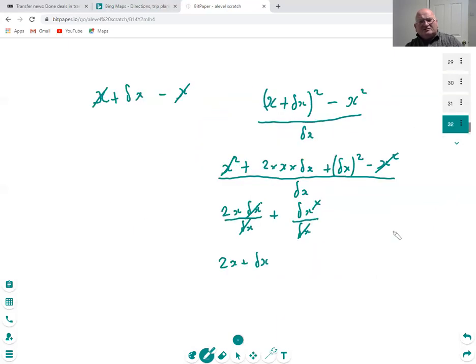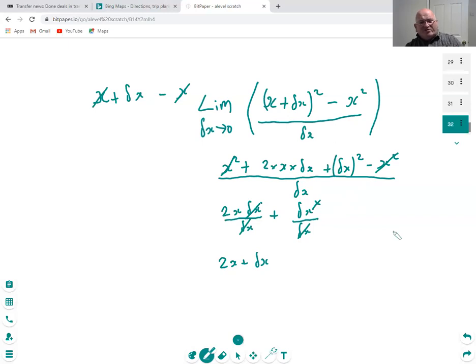So this is a notation which I could have been writing all the way through, but I'm only going to introduce it now. We're saying the limit of this thing as delta x tends to 0. And that is notation that you will get used to seeing.